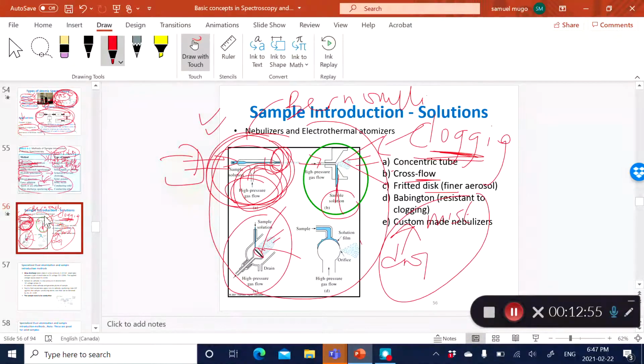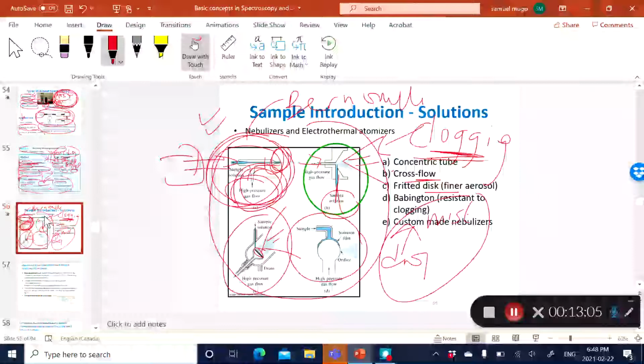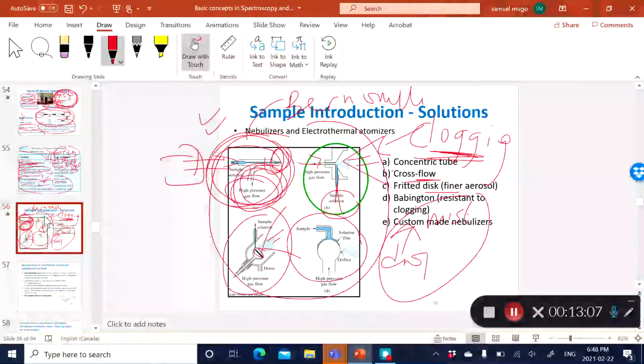Now, lastly, you've got the Babington type of pneumatic nebulizer, where essentially you've got a ball, something that looks like a balloon, and you've got the high pressure gas going through the balloon.